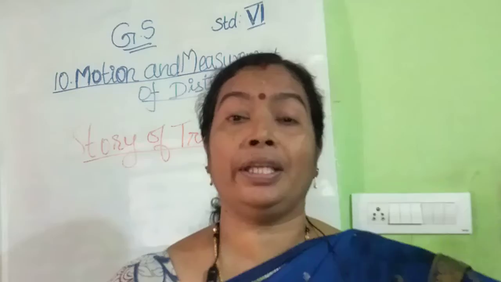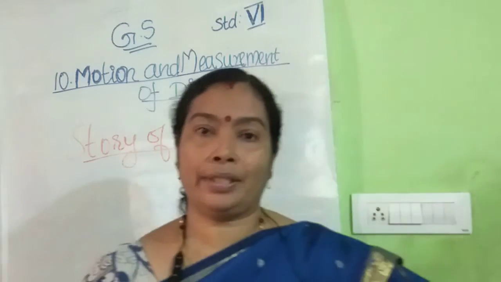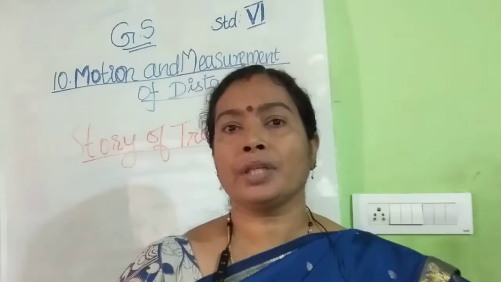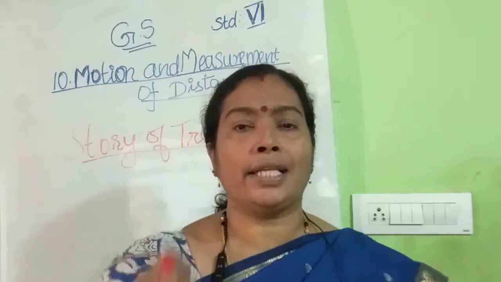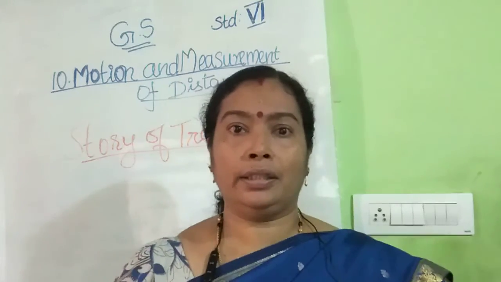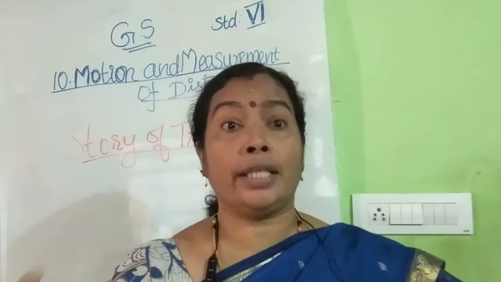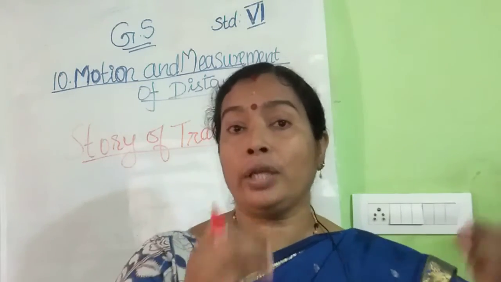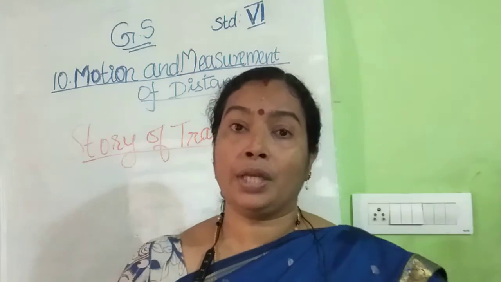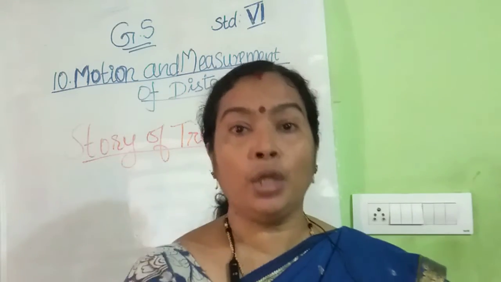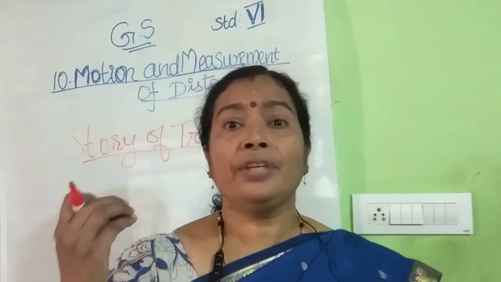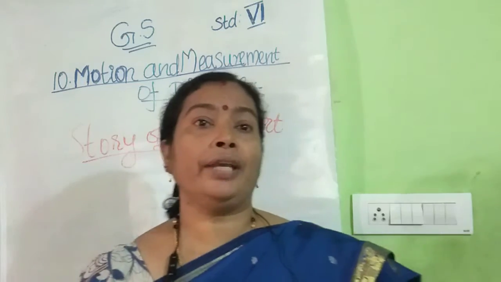Within 20 minutes we can reach our capital. Like the same, we can travel state to state. For nearby states, it takes 6 to 7 hours if we go from Kerala to Tamil Nadu. But if you travel in this bullet train, within 1 or 2 hours we can reach any state.